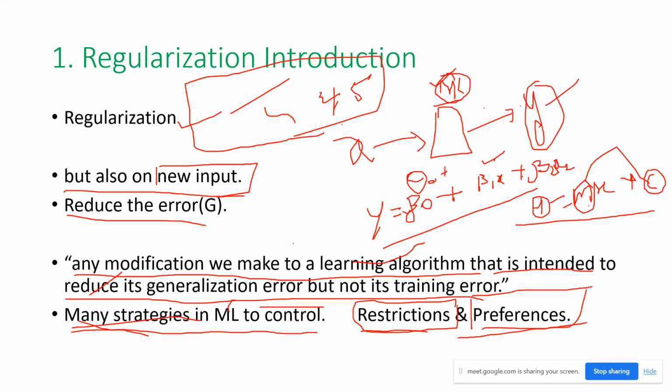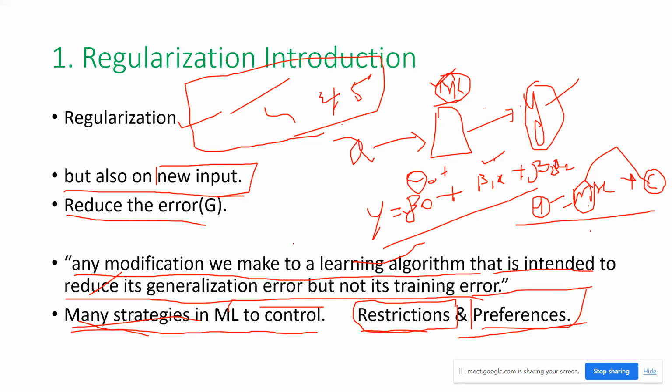So what is the preference here? The preference is nothing but selecting a particular feature. By giving a priority, we are selecting a particular parameter. Instead of updating all parameters, the parameter value is updated for the particular preference we select.